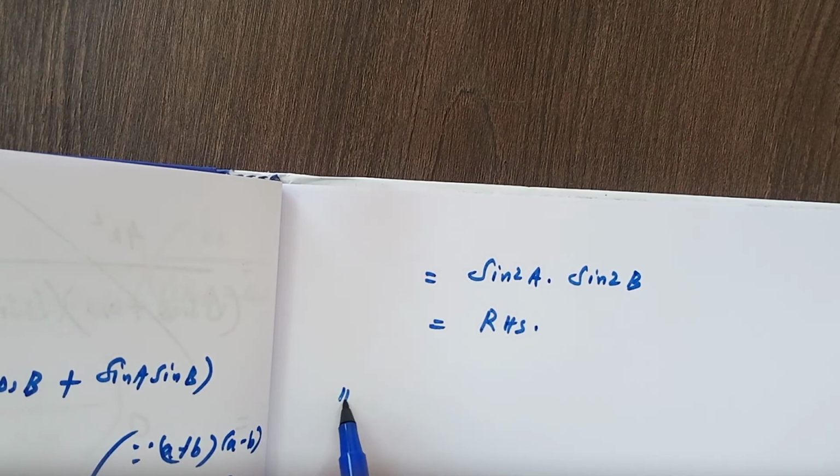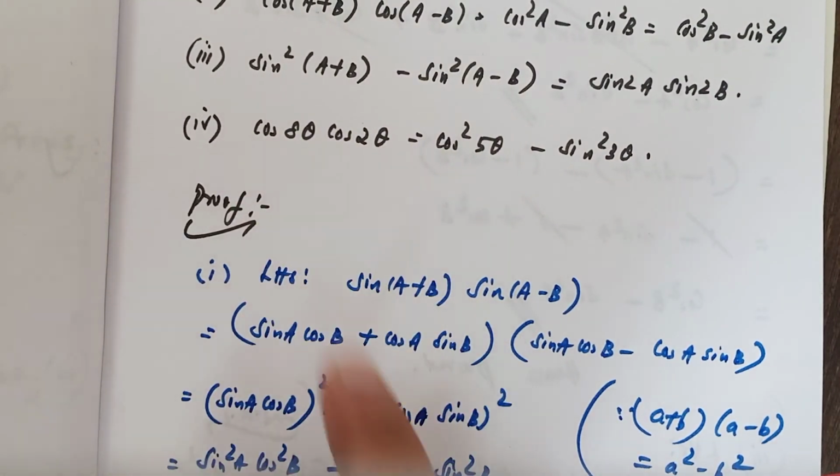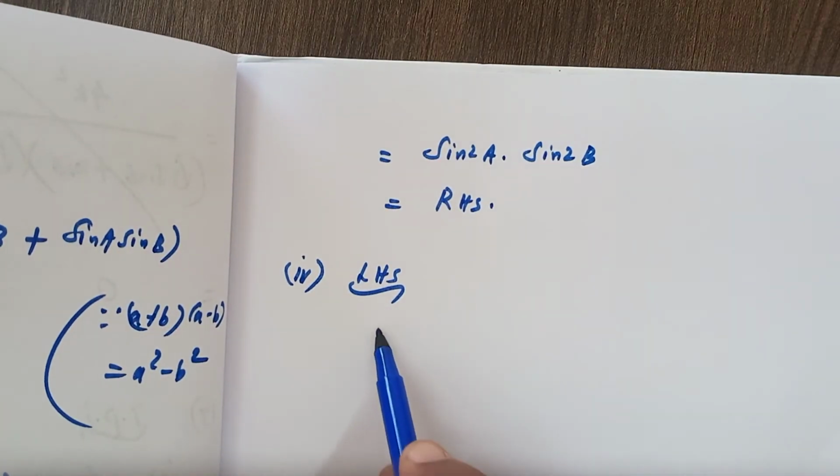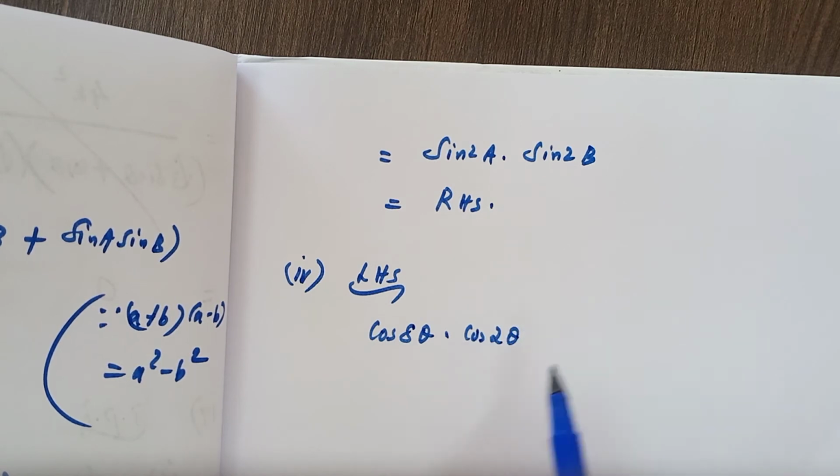Now subdivision number 4. Consider that LHS. We have cos 8 theta into cos 2 theta.